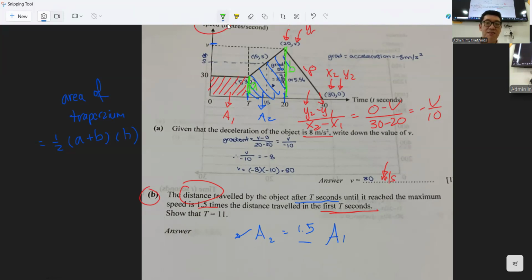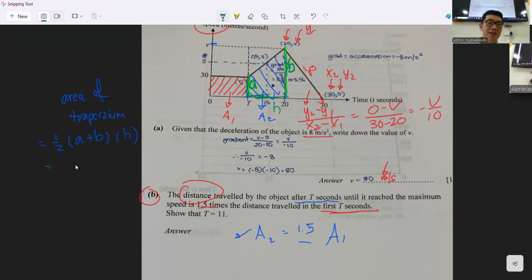Oh, the ink's not so good, eh? So this would be A. Switch to different colored ink. And this would be B. And then this would be H. Half the sum of parallel sides multiplied by the height.